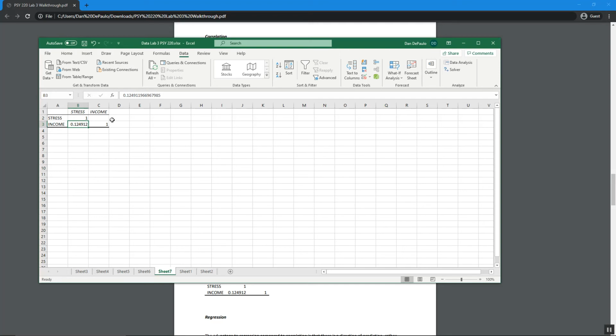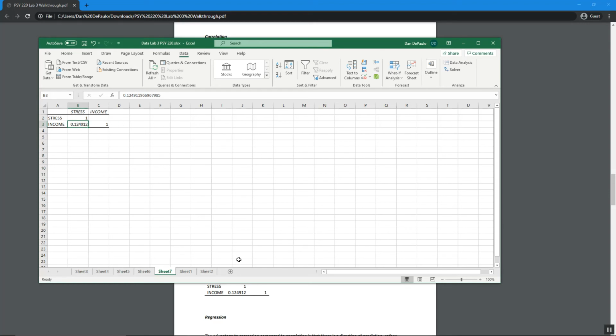That's pretty low. Where's the other 86%? That's not explained here. So there's a lot more you need to look at in terms of trying to figure out what contributes to stress and income. There's more variables in play. So that's really easy to do, a correlation.